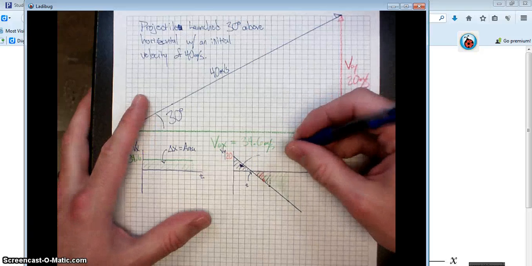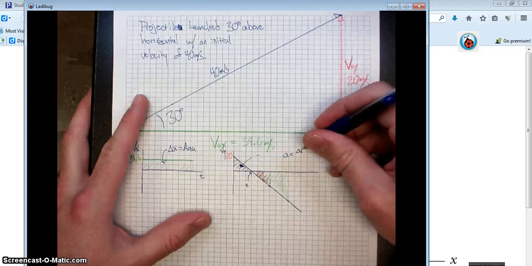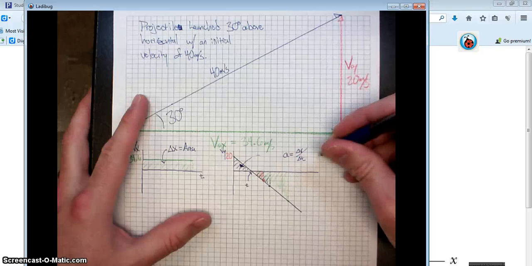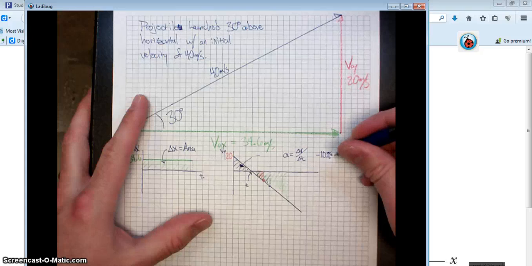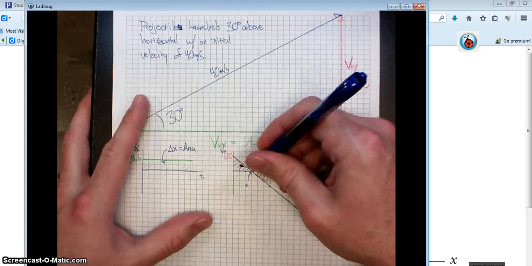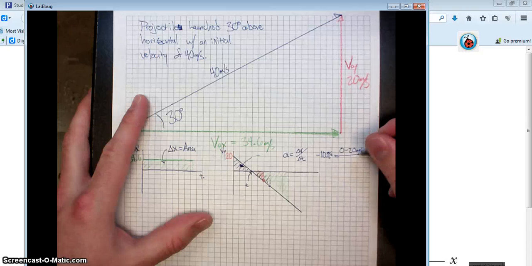Alright, the acceleration equals change in velocity divided by time interval. So I know the acceleration is negative 10. The change in velocity in this first part: we go from a vertical velocity of 20 to a vertical velocity of 0. So 0 minus 20 meters per second, and I want to know how much time that takes.